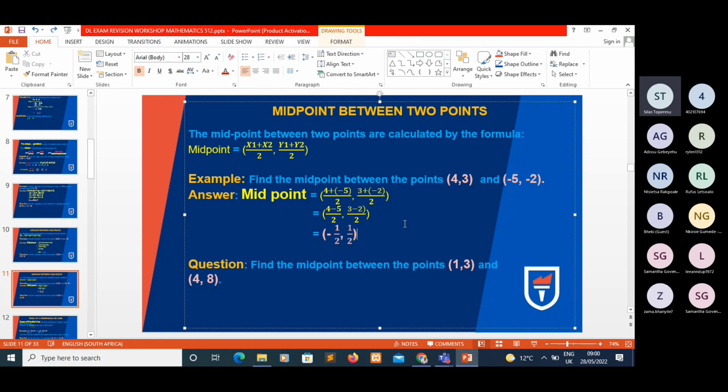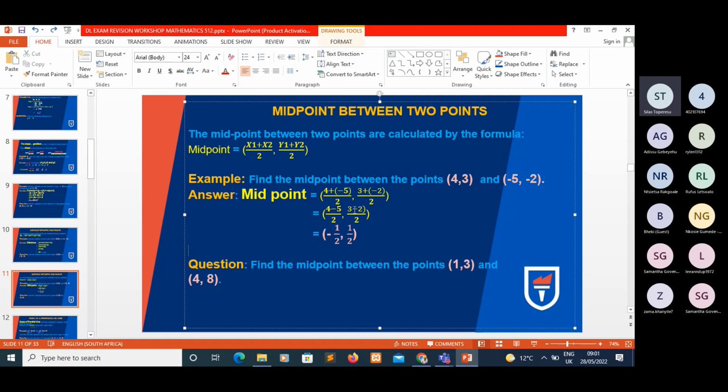So it's the same as 4 minus 5, which is -1. So you're going to get -1 over 2, the same as minus half, which is my final answer in the first place.